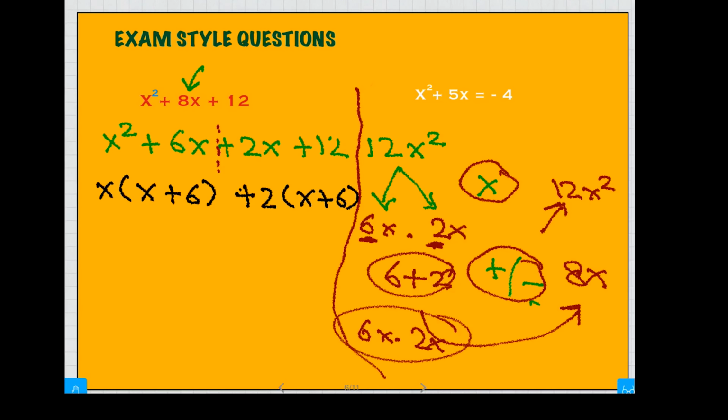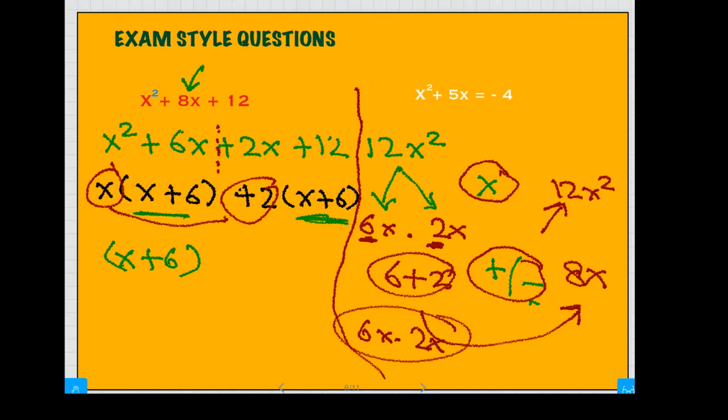What I do after that, what does this say? x plus 6 and x plus 6 same, so it means we have done the factorization correctly. Now I need to write x plus 6 as one, and then this term and this term I'm going to combine them, x plus 2. That's how you factorize quadratic terms.